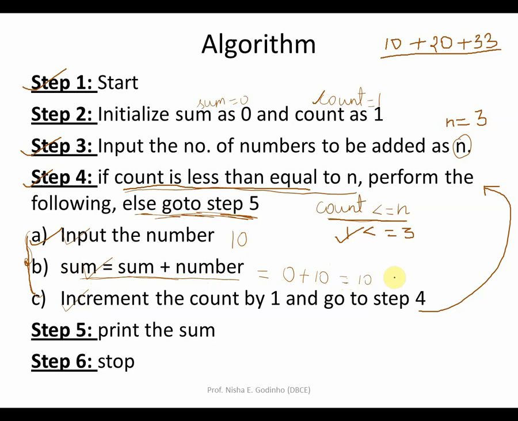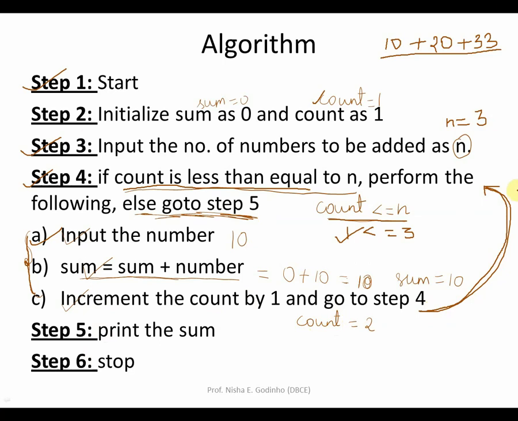So sum is equal to 10. At this step you will get a 10 in the sum variable. The next step is increment the count by 1 and go to step 4. So the count variable, I'll write it down over here. Count variable will be incremented. So count was initially 1, so 1 plus 1 will be 2. So count will be incremented to 2 and you go back to this step over here.